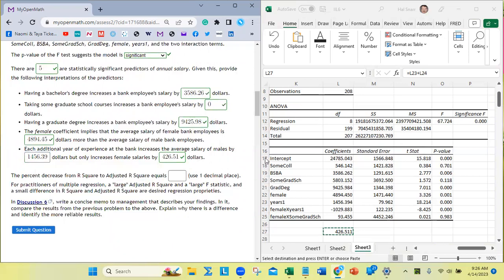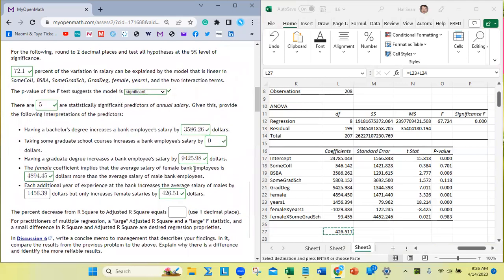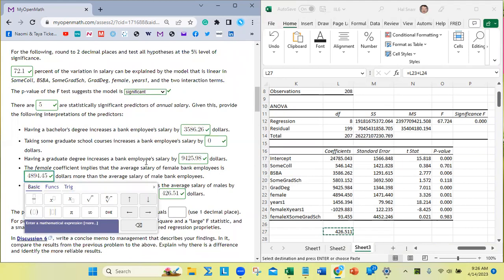It could be the way males in the 1980s and females in the 1980s negotiated salary increases from year to year. It could be due to discrimination, but I'm not sure about that because in our multiple regression, females are making more money than their male counterparts.